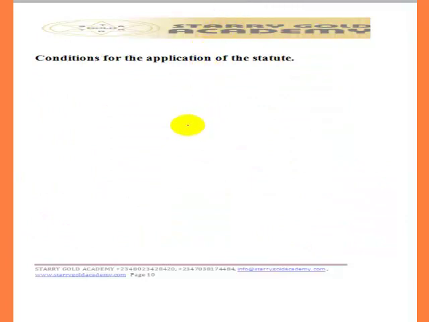Also, we have conditions for the application of statutes of general application. That means that in Nigeria, before a statute from England will become a statute of general application that we can make use of, number one, it must be a public act in England.